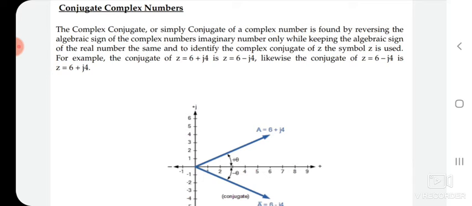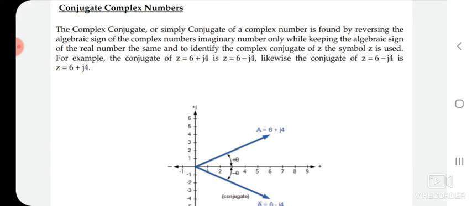Means in case of complex conjugate, we have to change the sign of the imaginary part only. If plus i is there, we have to replace that plus i by minus i. If minus i is there, we have to replace that minus by plus, and the real part remains the same, as it is.